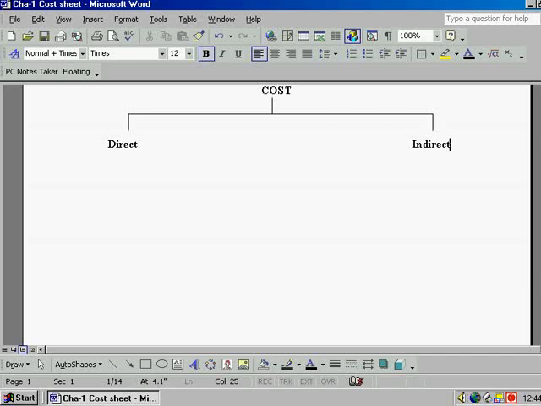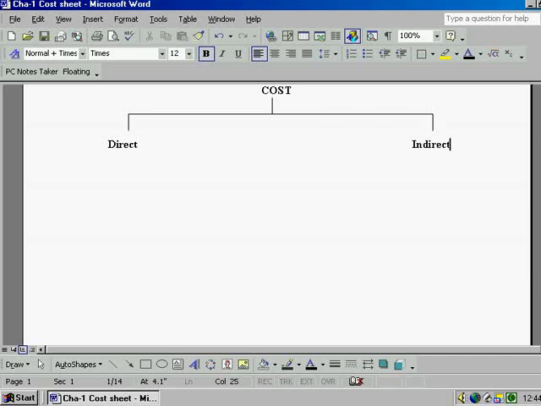Same way, my office assistant or my office clerk, are they contributing anything in converting raw material to finished goods? No. So their work is not directly attributable to the product, so whatever payment is made to them will be indirect. Is that fine? Direct costs are those costs which are directly incurred on the product.